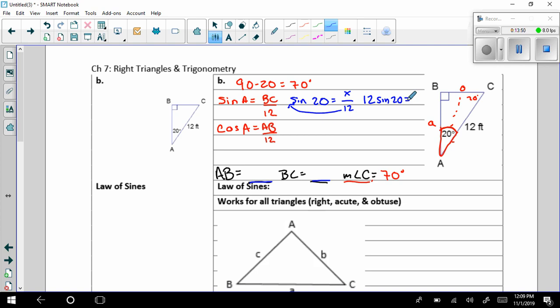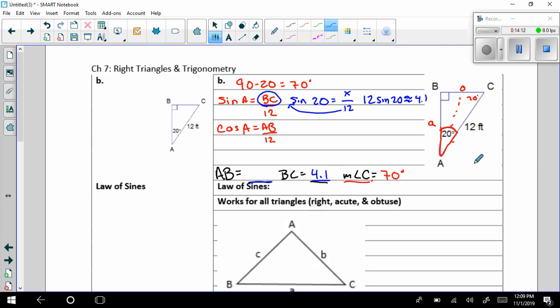And I type that into my calculator. So again, a lot of this is calculator work. Make sure you're set up in the right degree. And I get approximately 4.1. So BC is approximately 4.1.